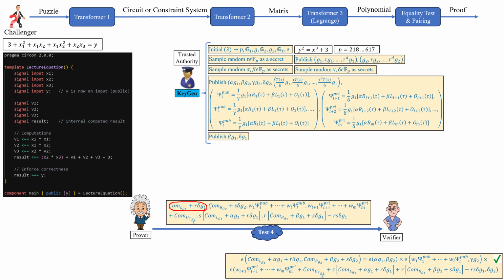So this is the first part of the proof, the second part, and this is the other part. And the verifier also does a pairing computation for the left side and the pairing computation for the right side. And if they are equal to each other, verification is passed.